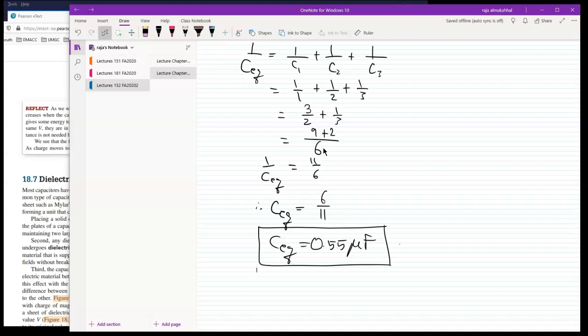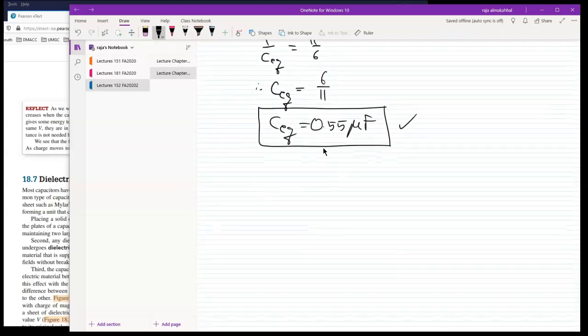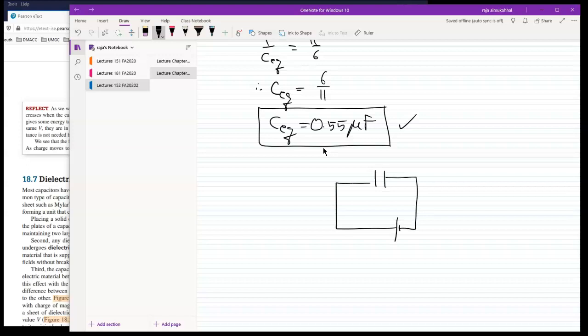I got the equivalent. And so now, let me redraw the equivalent capacitance again. Here's my old battery, and the C equivalent now is equal to 0.55. It's actually 0.545, but anyway. And this is 12 volts. So let's get the equivalent charge. What is it equal to? CV.